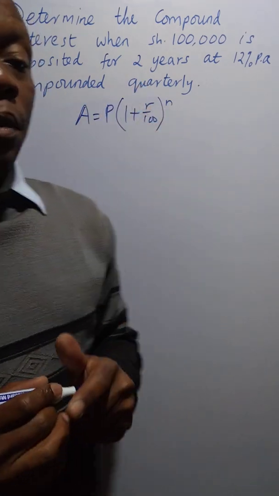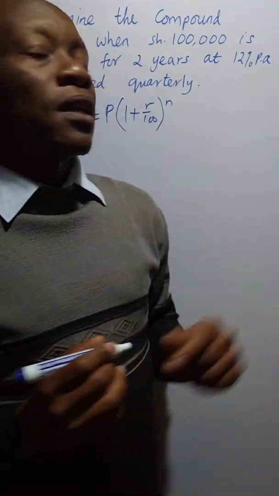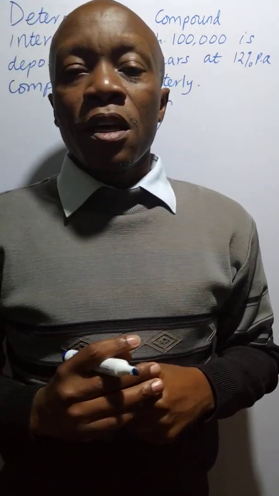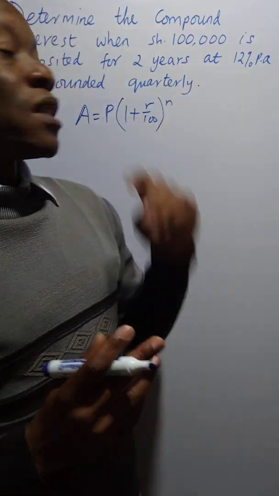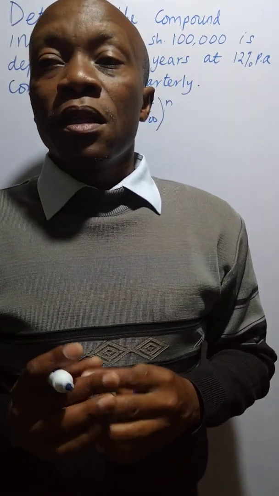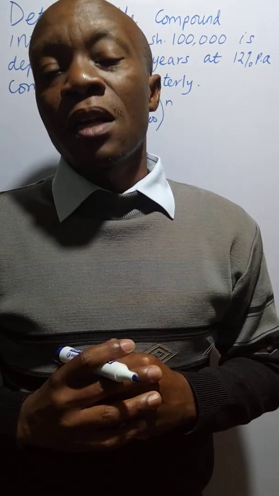What it means is that although the rate is given as 12% per annum, the interest itself is calculated after every quarter of a year, meaning that the interest is calculated 4 times in a year.